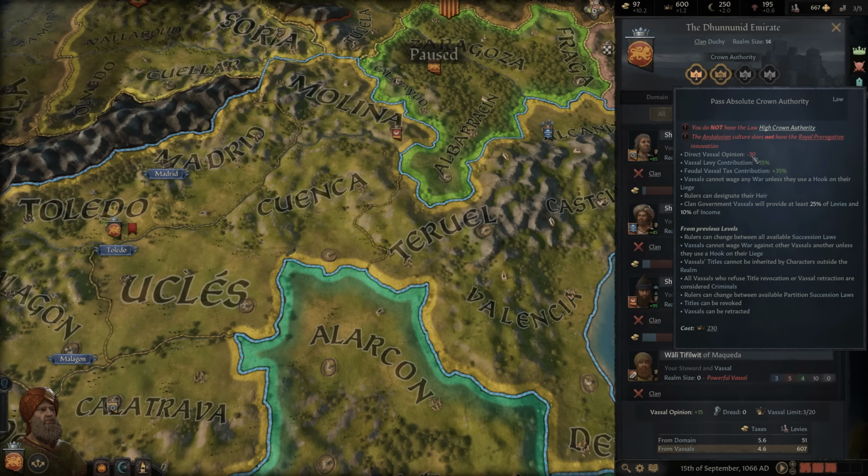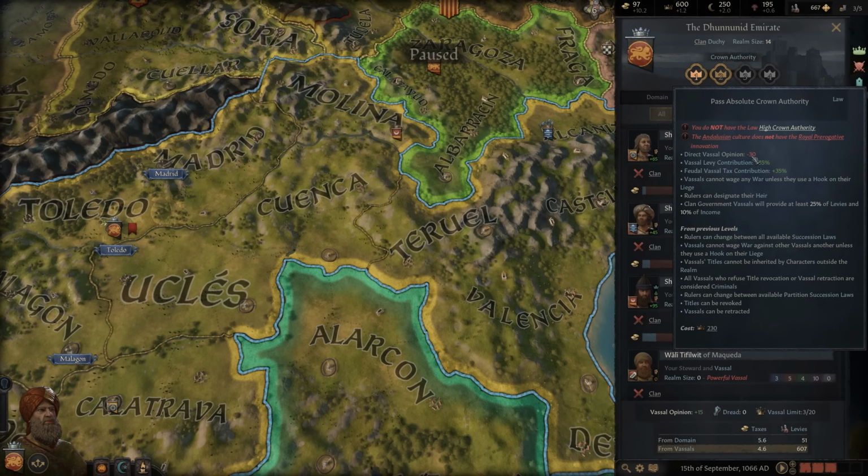So right here, we're going to get a minus 30. So you do have to be mindful of these things. And if you yourself are a vassal in a clan system or clan government, then you will always contribute 10% of your taxes and 25% of your levies, no matter what your opinion of the liege is.